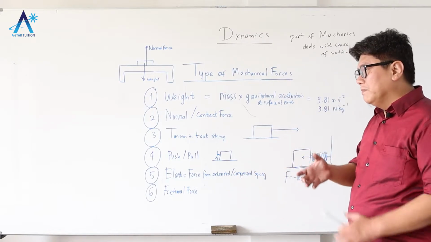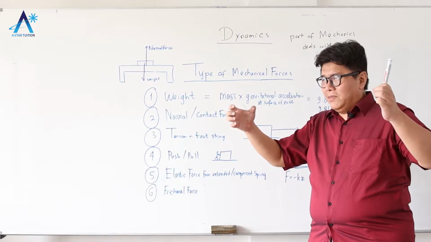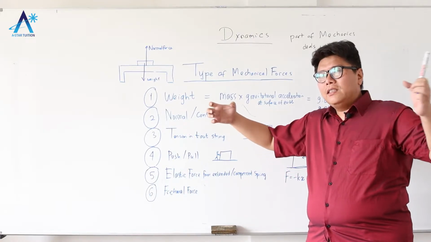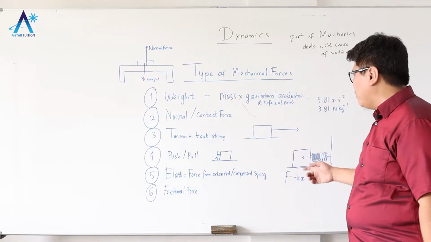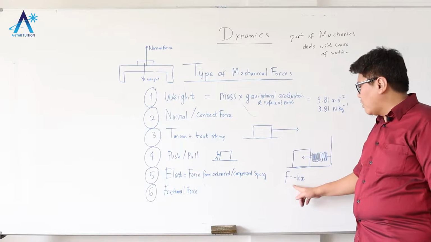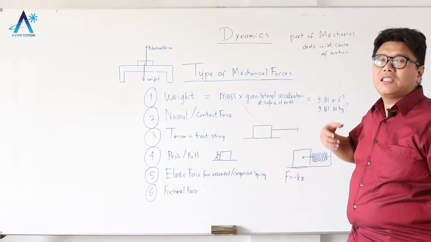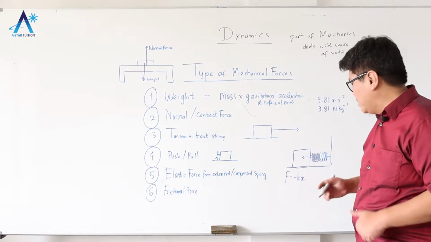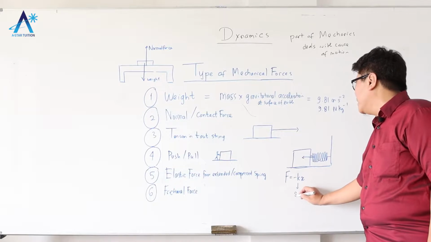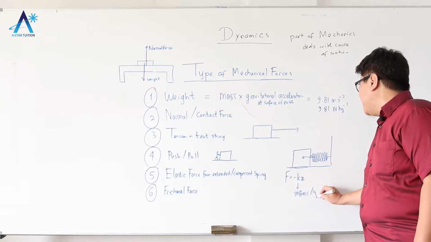So if the spring has a natural length of L, and you either extend it by x, or compress it by x, then the amount of force is equal to a constant times x. Now this constant sometimes is called stiffness or the spring constant.